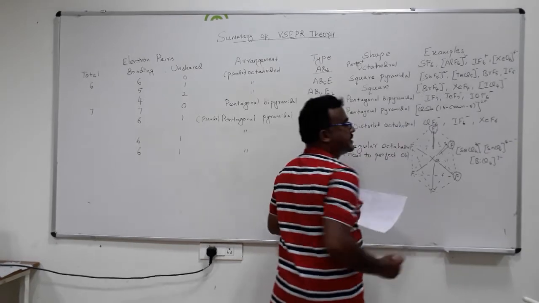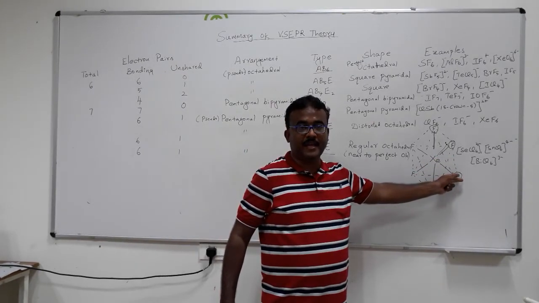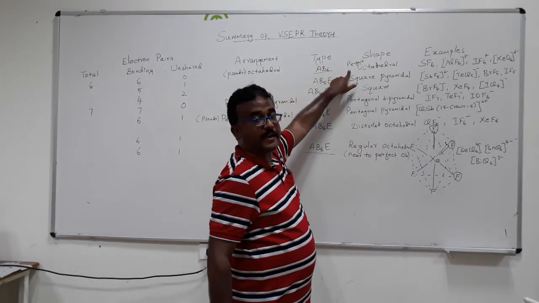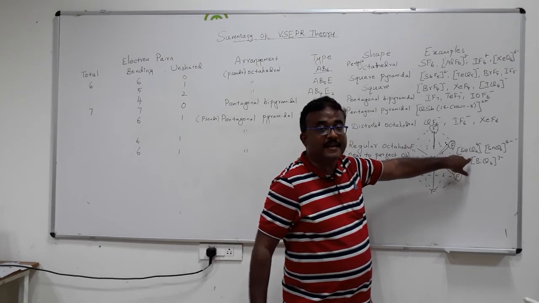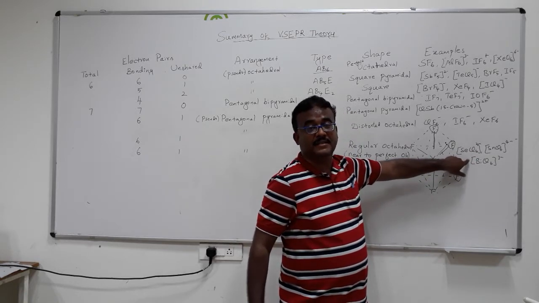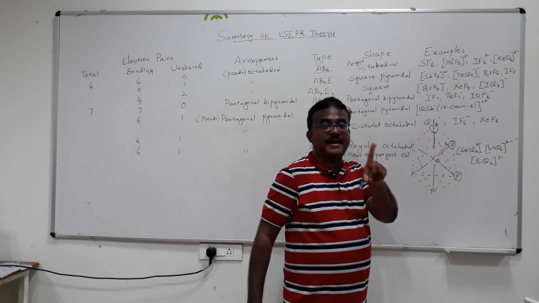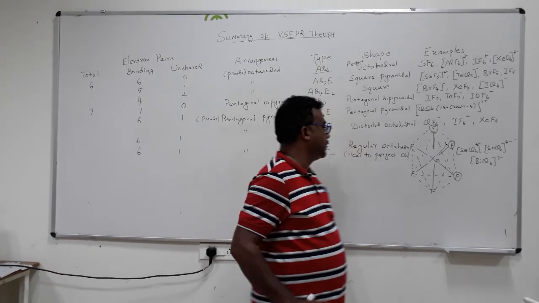All these three molecules have almost near to perfect octahedral geometry, but it's not a perfect octahedral because all of them have a 7 electron pair system. It has 6 bonding electron pairs and 1 lone pair, which is stereochemically inactive.